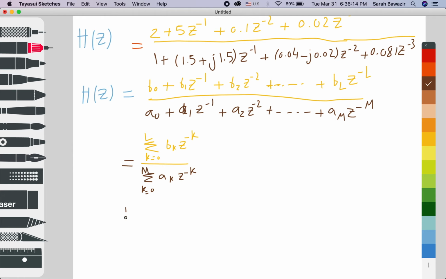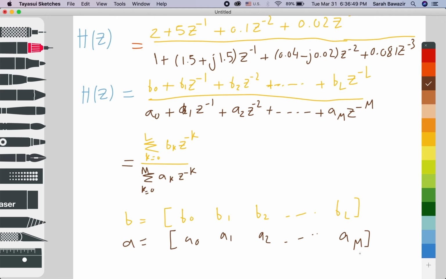Let's stick to our color code: a vector B, which will be B0, B1, B2, up to BL, and another vector A: A0, A1, A2, until AM.